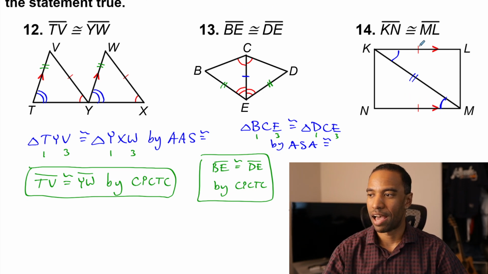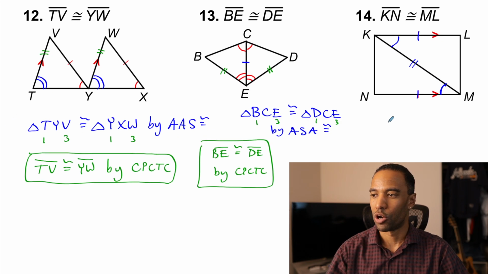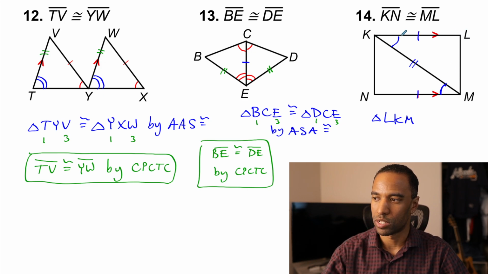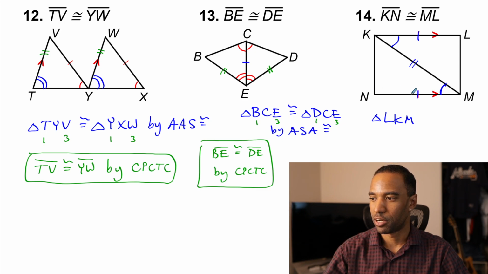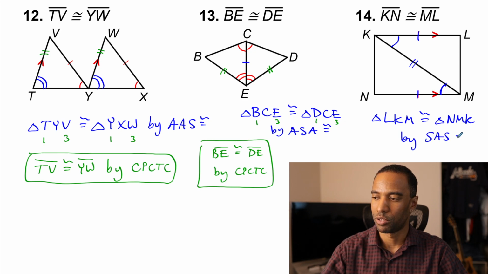And now we have side, angle, side with side, angle, side in both triangles. So, triangle LKM, going across the one tick mark to the congruent angle to the other tick mark. From here, across the one tick mark, congruent angle, other tick mark. So that's NMK, congruent to triangle NMK by side, angle, side.